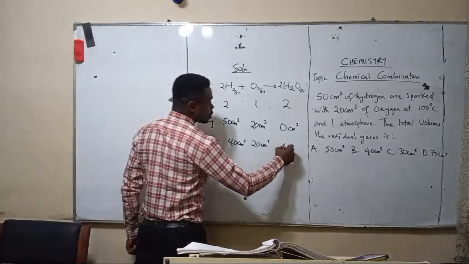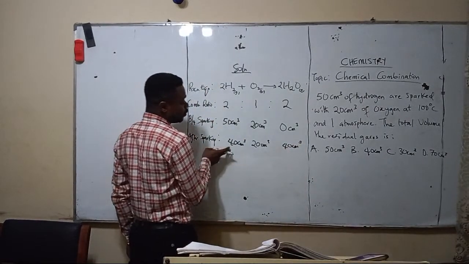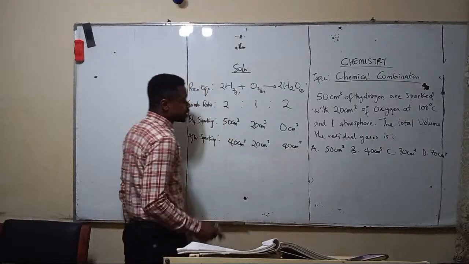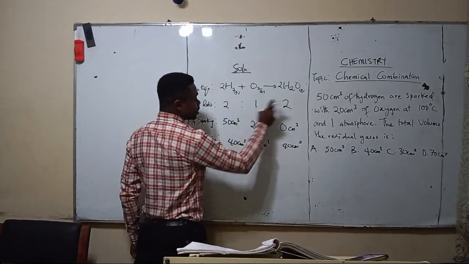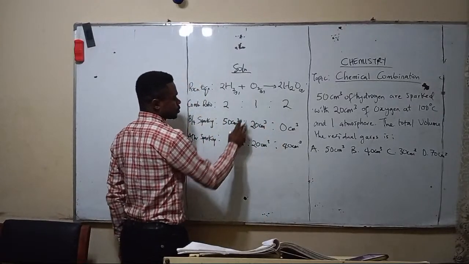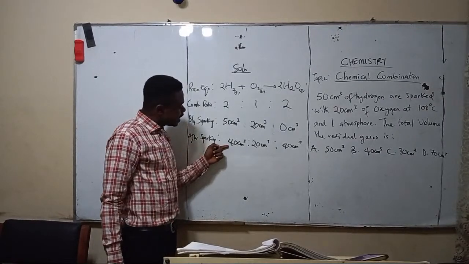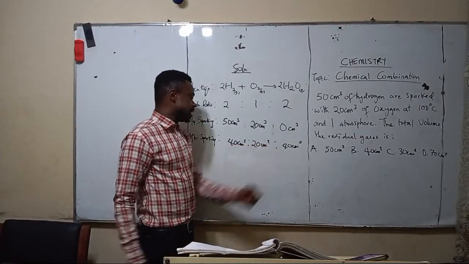So here should also be 40 cm3. If you bring this down to the lowest terms, it will be 2:1:2. So this is exactly what happened. So this is the volume that will now react.